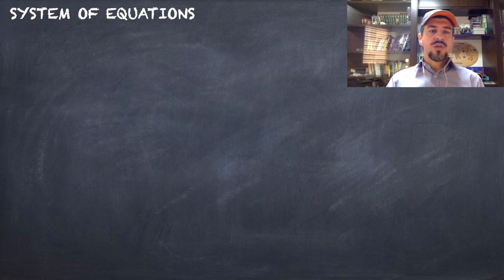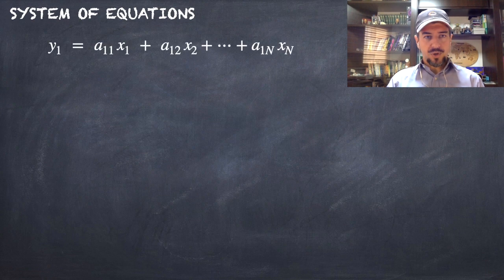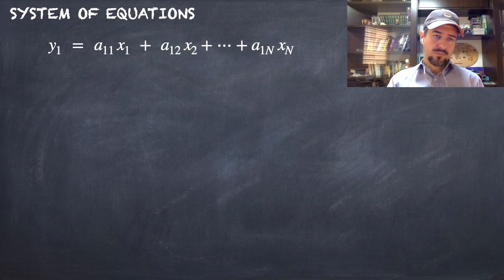We can use these in the context of a system of equations. So consider the equation number 1: y1 is equal to a function of the x variables. You have x1, x2, xn, and an addition of this kind of term, a coefficient times x.